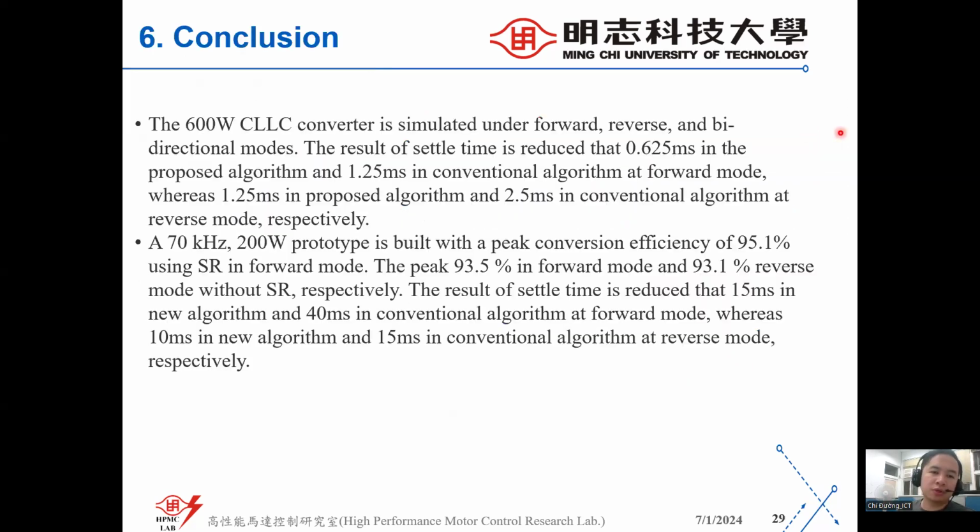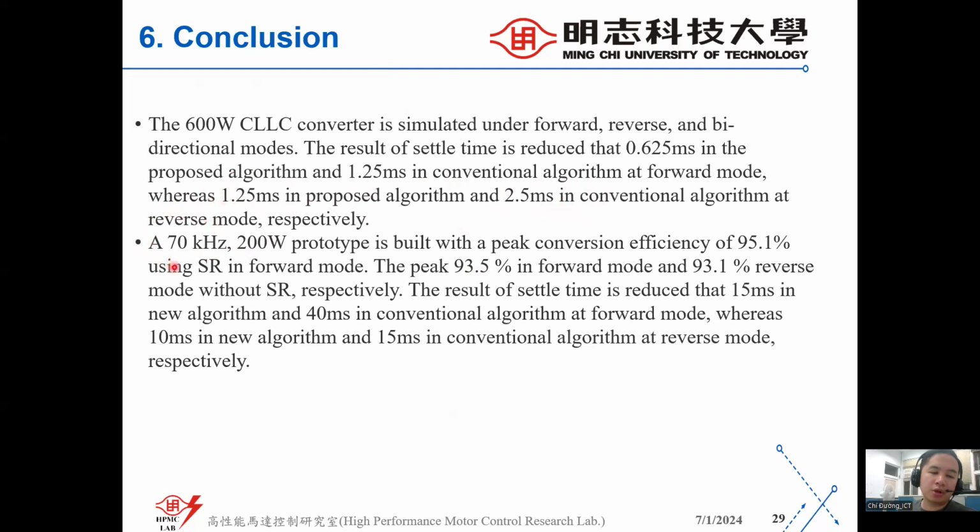Conclusion and the loss. The synchronous CLLC converter is simulated under forward and reverse and bi-resonant mode, and the result is that the cycle time is reduced to 0.625 milliseconds with the proposed algorithm and 1.25 milliseconds with the conventional algorithm at the forward mode. And the cycle time is also reduced at the reverse mode.